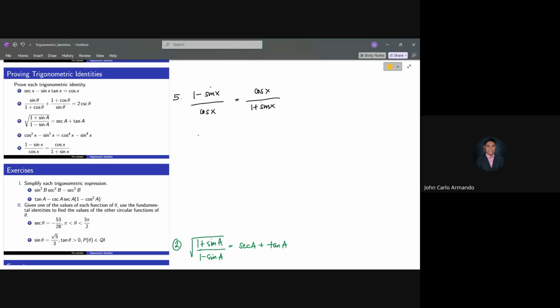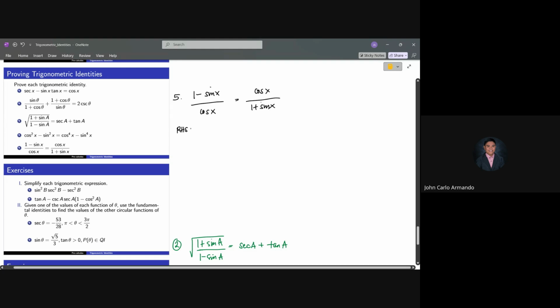So we consider the right hand side, to make it a little different compared to the previous examples. So you have cosine x over 1 plus sine x. What we are going to do here is multiply by the conjugate. So what is the conjugate?